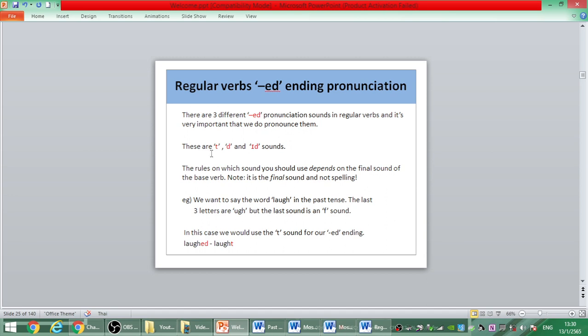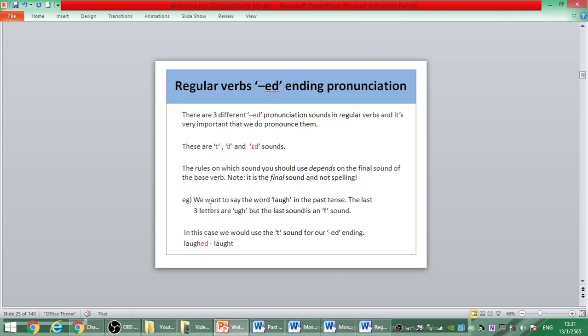These sounds are a T sound, a D sound and an ID sound. And the rule for which sound you should use depends on the final sound of the base verb. Note it is the final sound and not the spelling.